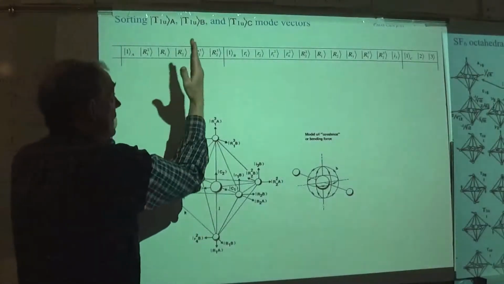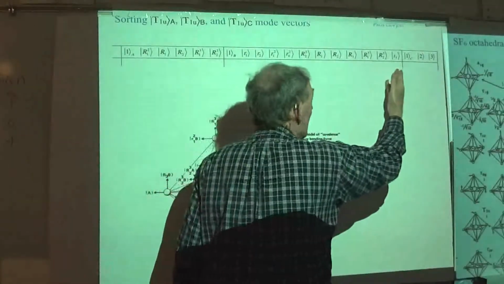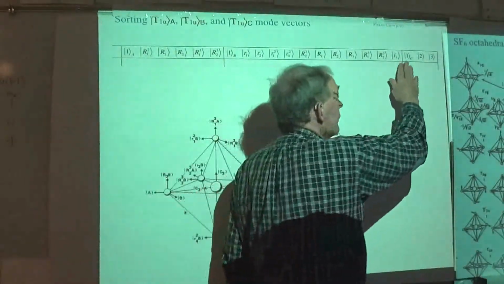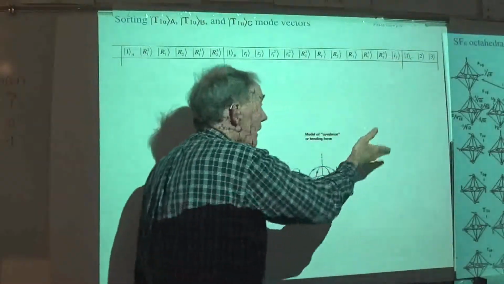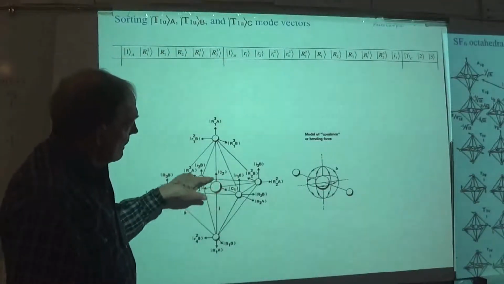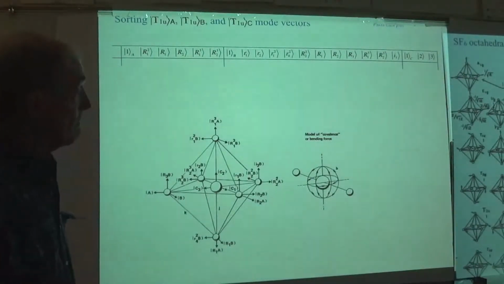So there's the A subspace. And then the B subspace, all 12 of them are sitting there. Those are the angular ones. And finally, the last 3 of what's going to be our force matrix is the 3 C's that have the uranium or sulfur atom in mind.